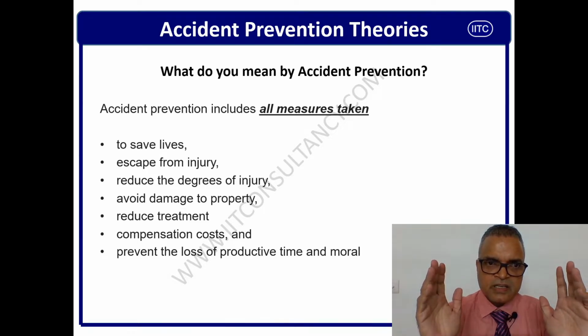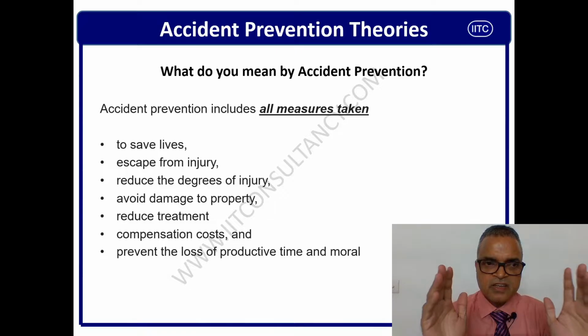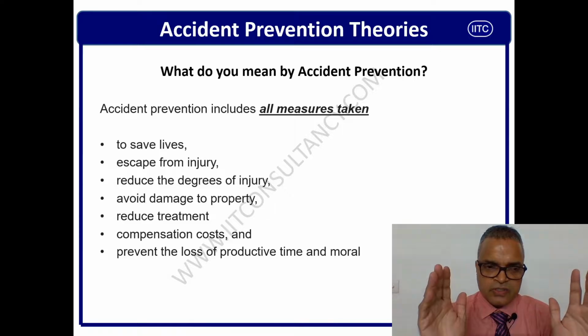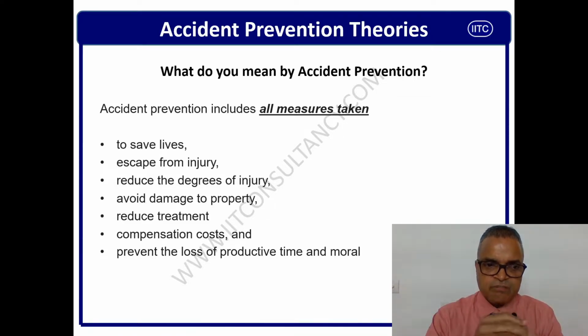Guys, in this program, we will see what we mean by accident prevention. Accident prevention includes all measures taken to save lives, escape from injury, reduce degree of injury, avoid damage to property, reduce treatment and compensation cost, and prevent loss of productive time and morale.